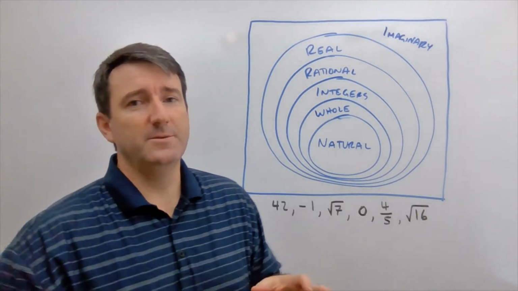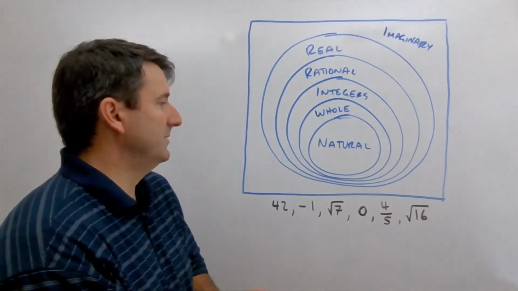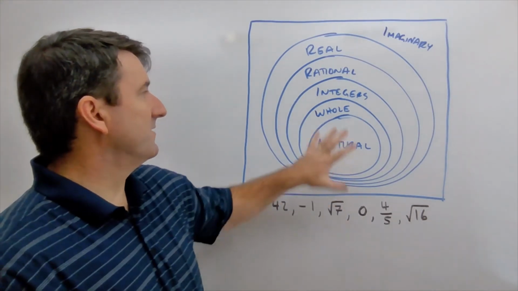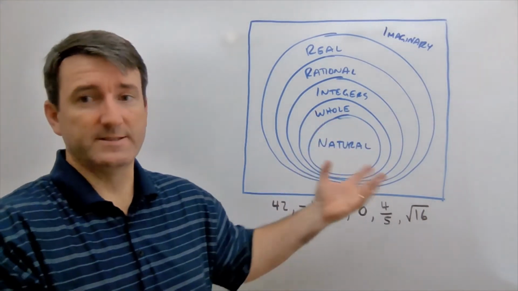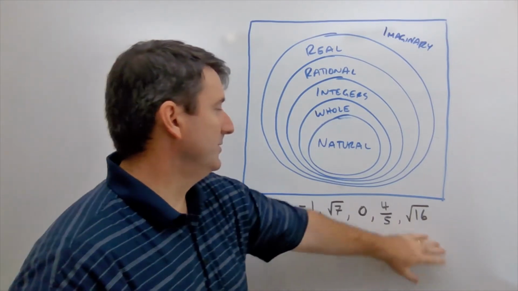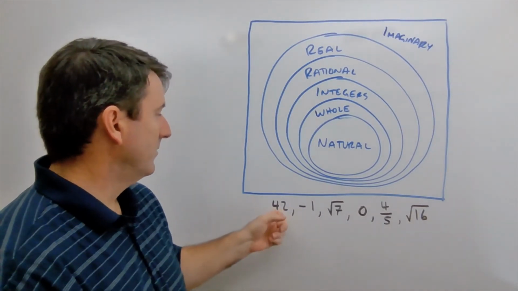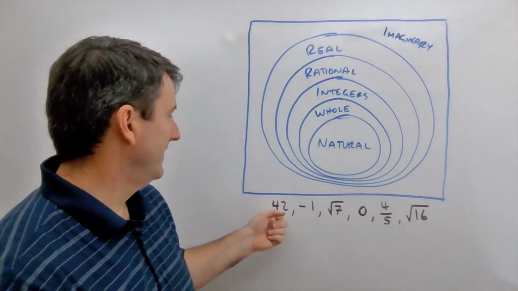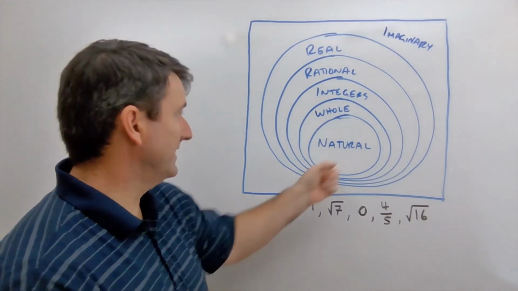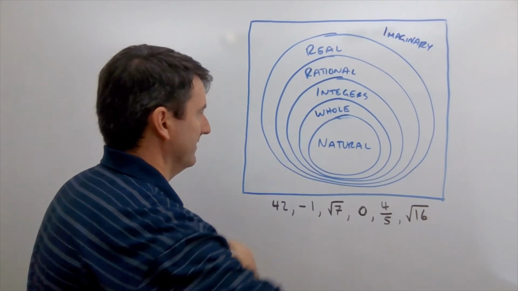All right, finally, let's do a few examples. We're going to choose the first set, or the smallest set, that includes each of these numbers down here. So starting with 42, well, 42 is positive, and it's a counting number, so that's going to be right here in the natural numbers.